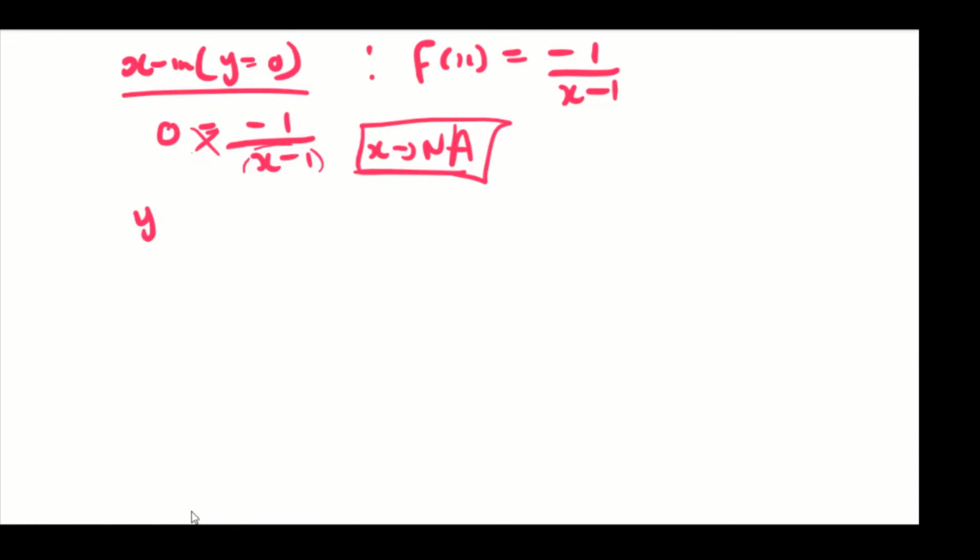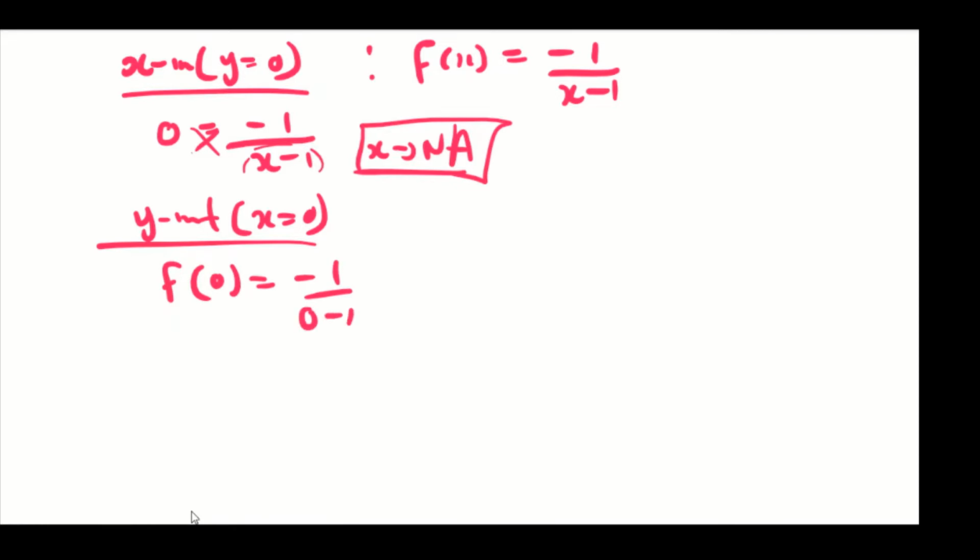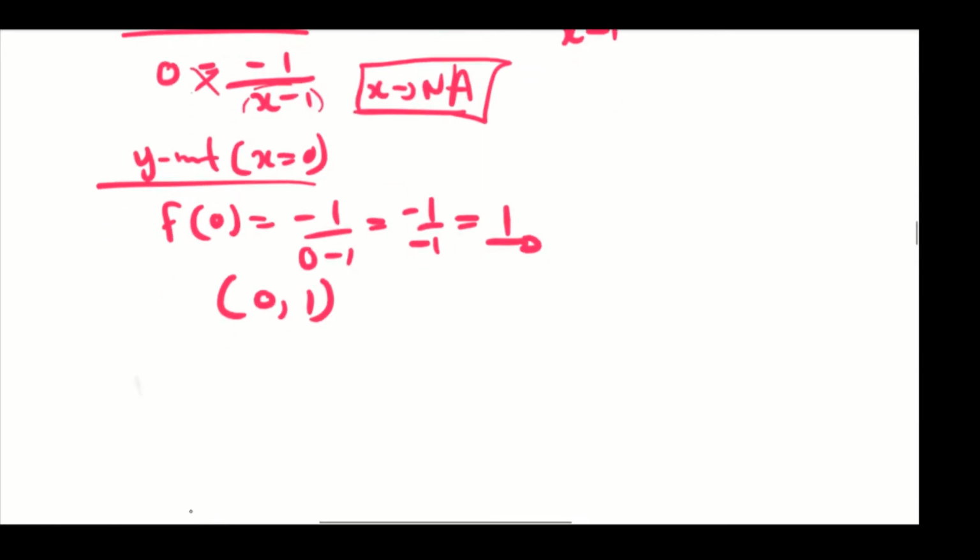And then the y-intercept when x is equal to 0: f of 0 equals minus 1 over 0 minus 1, which is minus 1 divided by minus 1, equals 1. So the y-intercept when x is 0 is 1. So we have our intercepts.